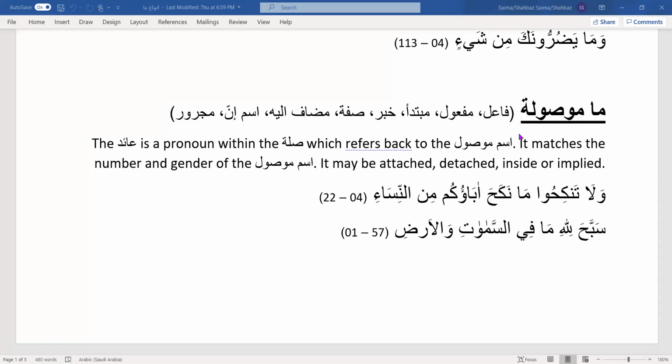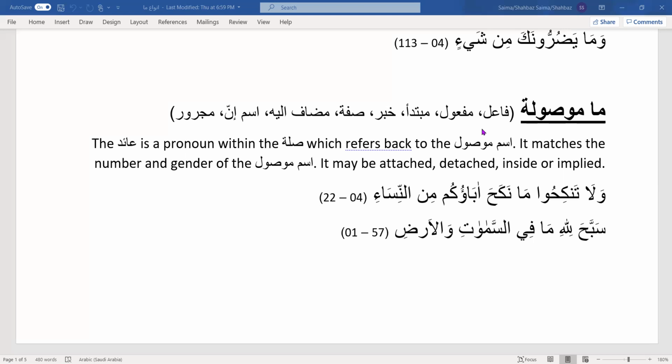Okay, so I say it again. Ma mausula comes with a sila, silatul mausul. And that sila is a jumla, a sentence, or it's a shibhu jumla, meaning a jar majroor or a special mudaf and mudaf ilayh.